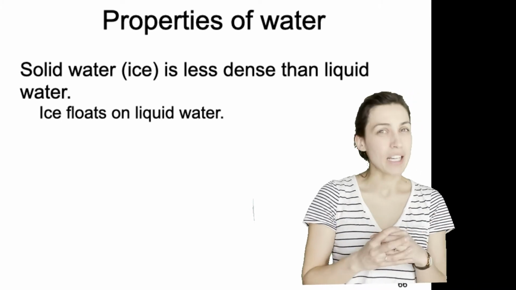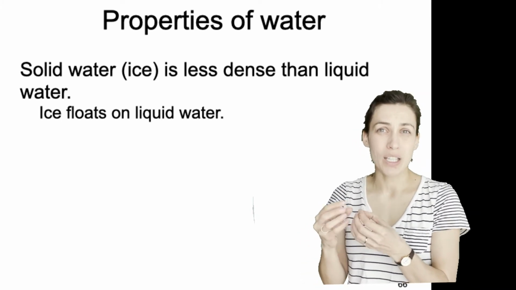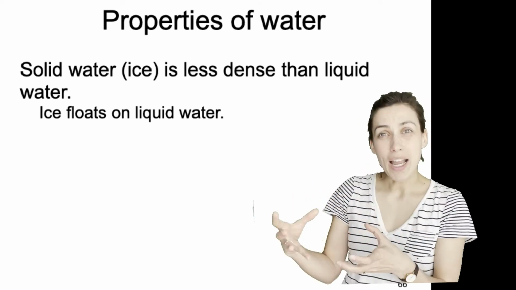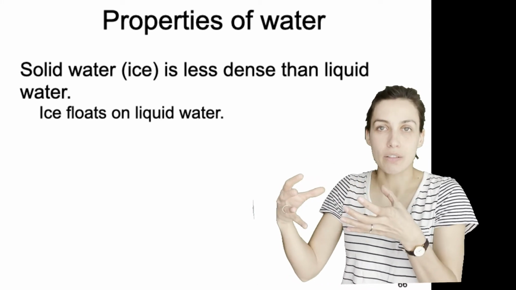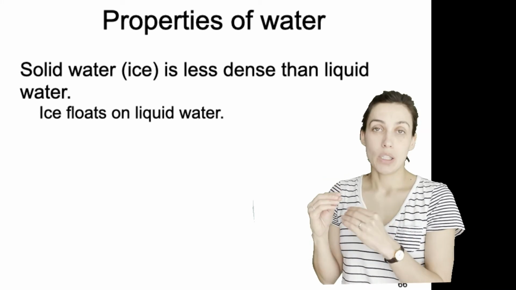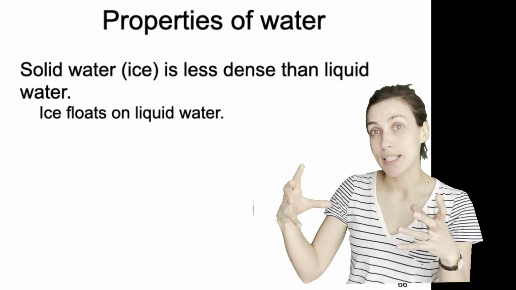Even if you think about a frozen dinner, when it's still frozen, it's shriveled and small looking. But when you thaw it out and heat it up, it looks bigger, like it's gained size. But not so with water. When liquid water freezes, it actually expands in size.